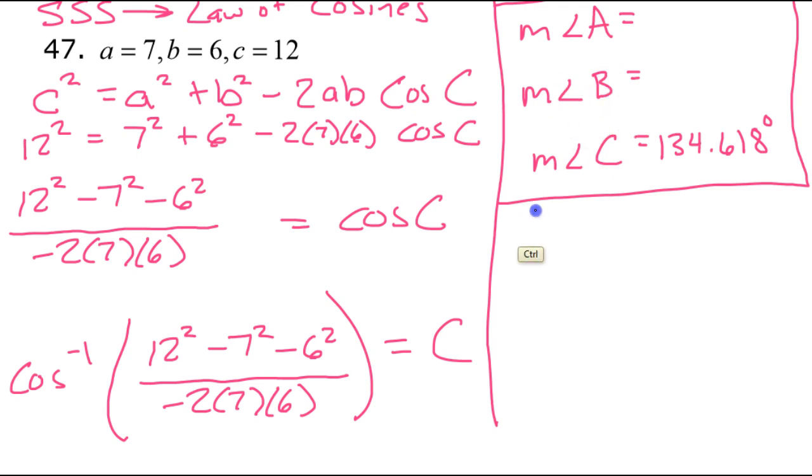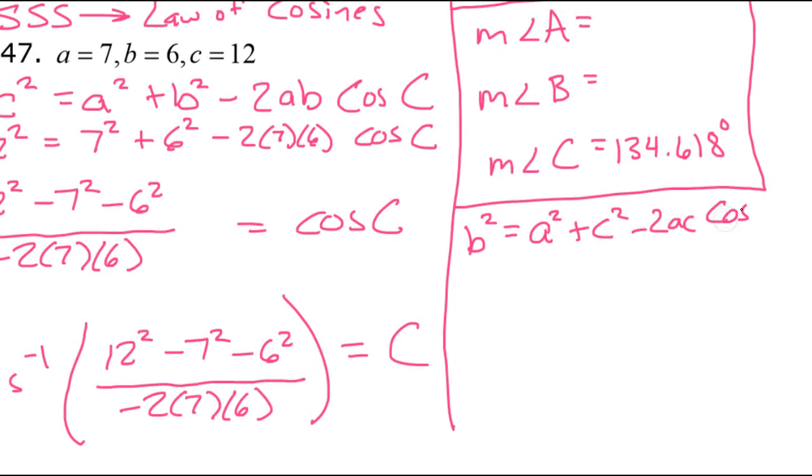Let's say I want to find the measure of angle B. Instead of starting with side C, I'm going to start with side B. So this will be B squared equals A squared and C squared, minus 2AC, and then here comes the cosine of angle B. So I've got 6 squared is equal to 7 squared plus 12 squared minus 2 times 7 times 12 cosine B.